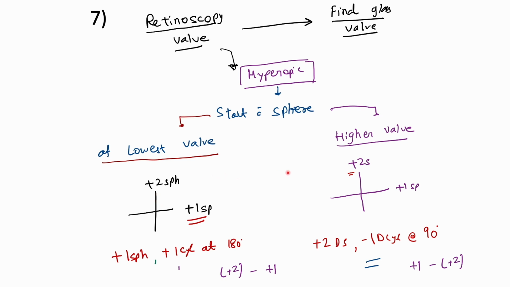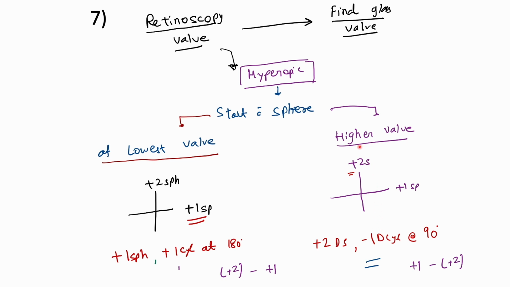Now suppose there is another way to solve this. If we are taking the sphere of the higher value, in this example the higher value is +1 in the horizontal and +2 in the vertical. So what is the higher value here? It is +2. So we have calculated our spherical value. Now how we calculate our cylindrical value is simple.